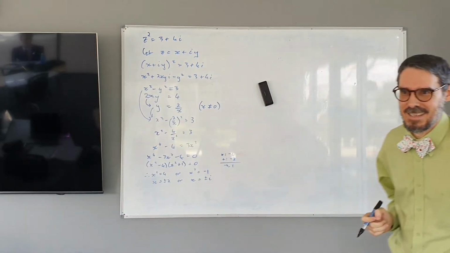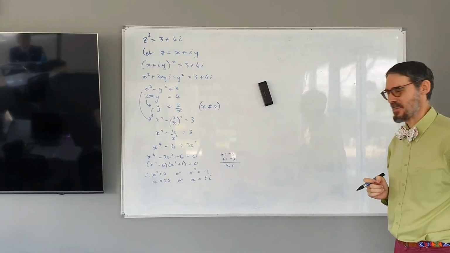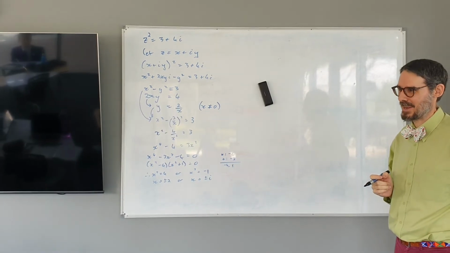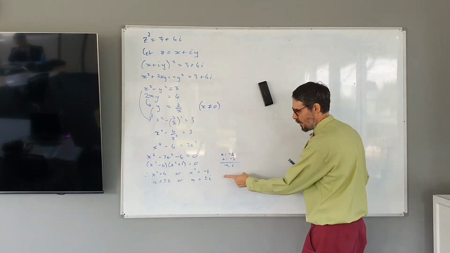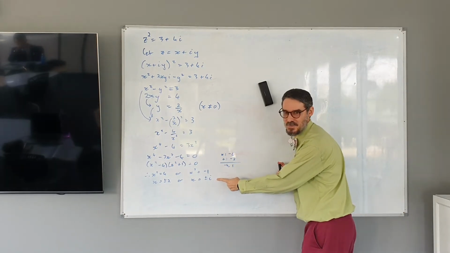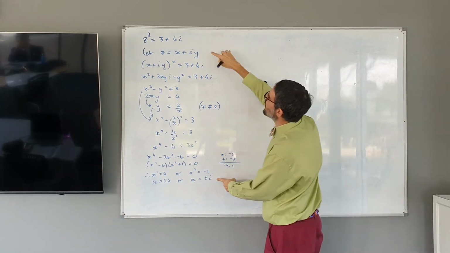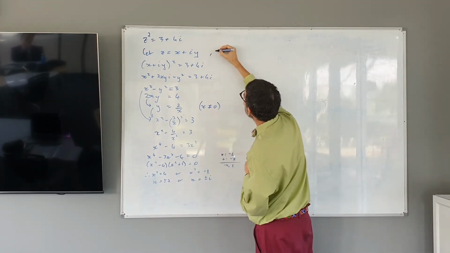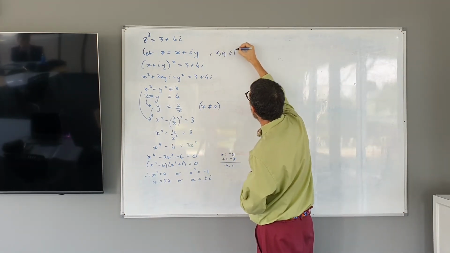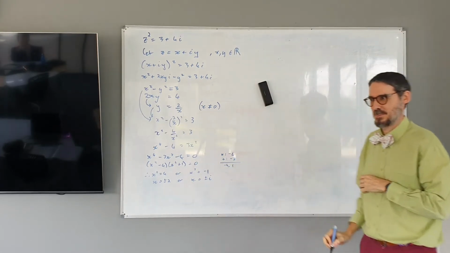We have a problem here. What's the problem with this? What did we assume up here but didn't state? We assumed x and y are real numbers.